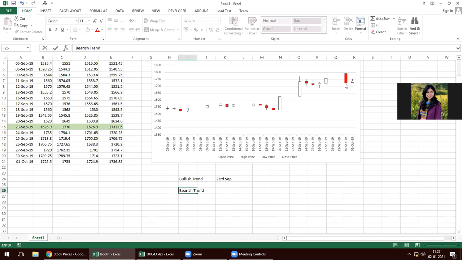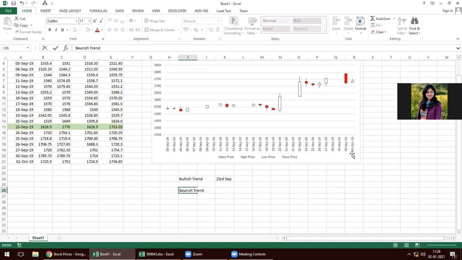You can see the candle is just reverse on the day. One more day also, I think you can see on 6th September, the candle is reverse. Then here the candle is in big size, a down bar. This is called a downtrend. So downtrend shows the bearish trend.